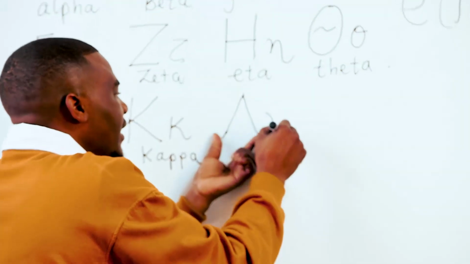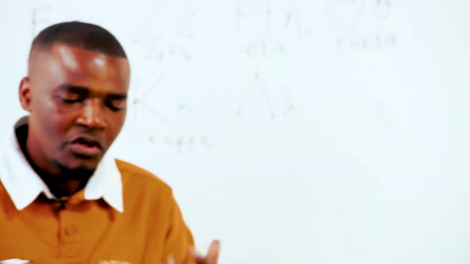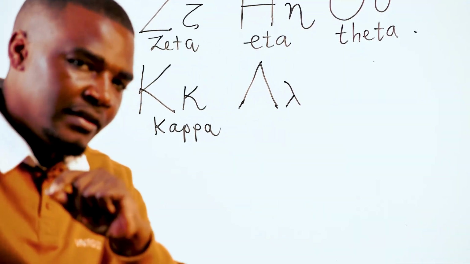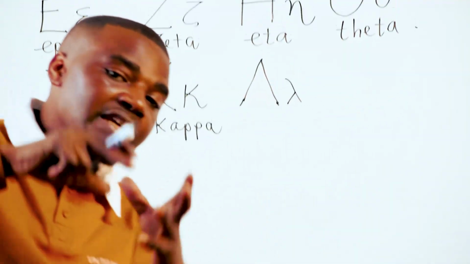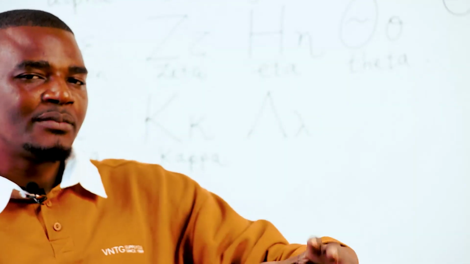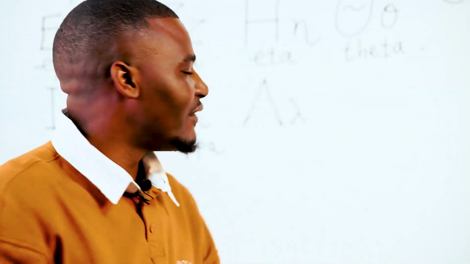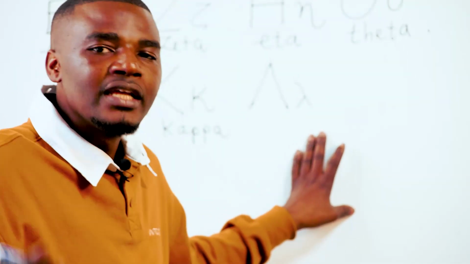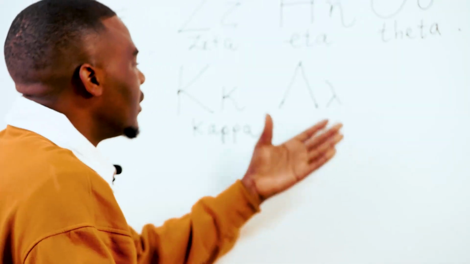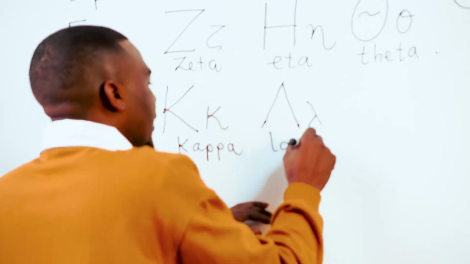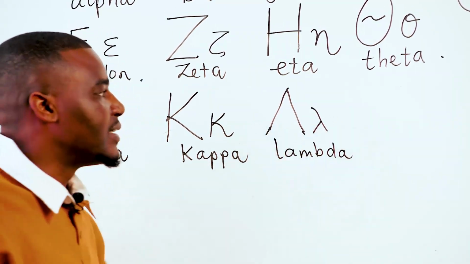This is capital letter lambda, small letter lambda is like this. We normally denote those eigenvalues with the letter lambda. Remember, those eigenvalues help us to understand the system better in terms of its stability or whatsoever. So once we have the eigenvalues, remember, that's when we go further and calculate the eigenvectors. So lambda, this is how we write it. It's lambda, like this. That's how we read this letter.